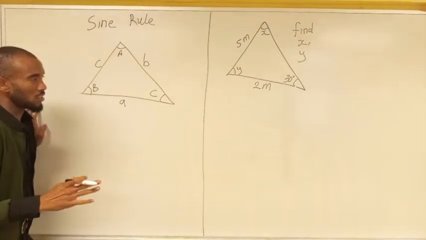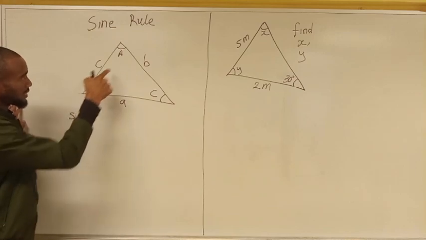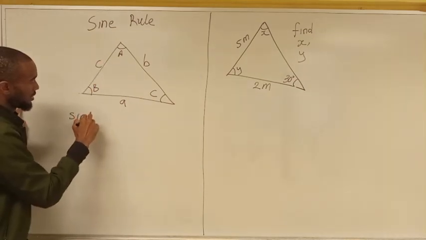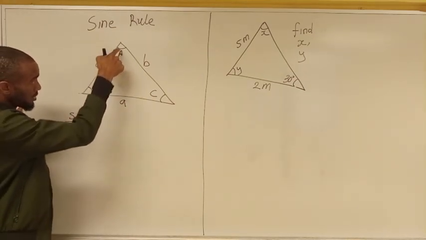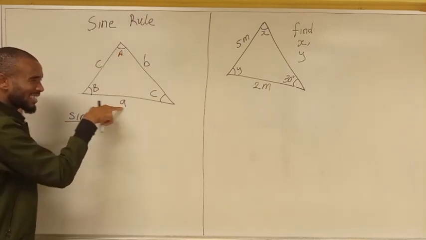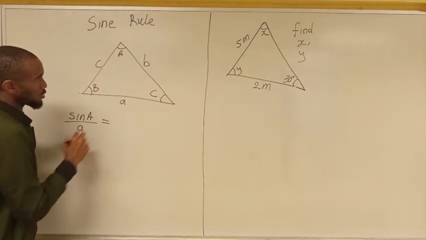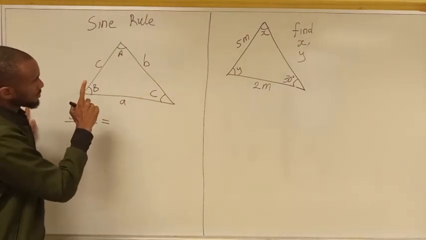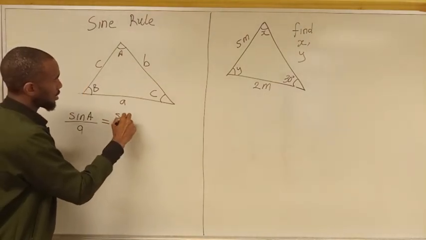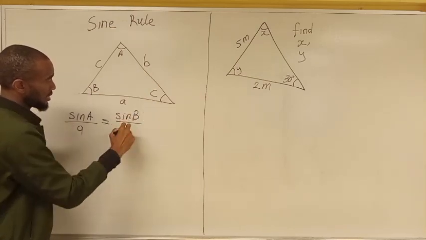the sine of, let's say, A, this angle, all over the side a is equal to the sine of B all over b.